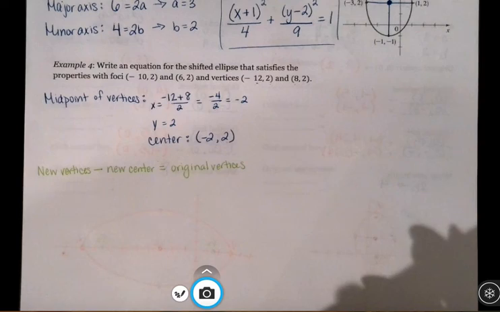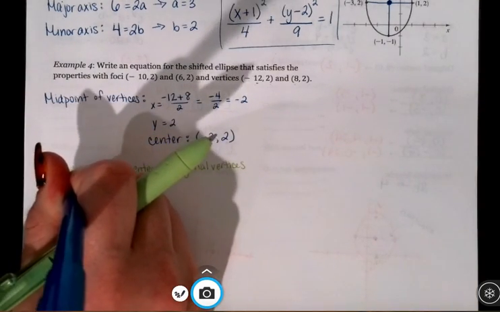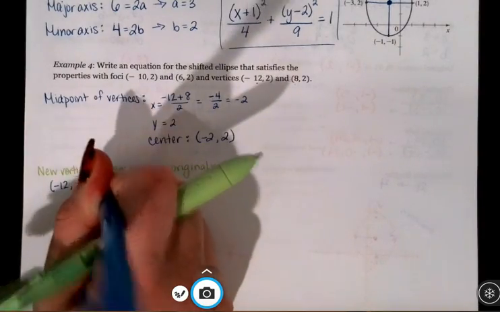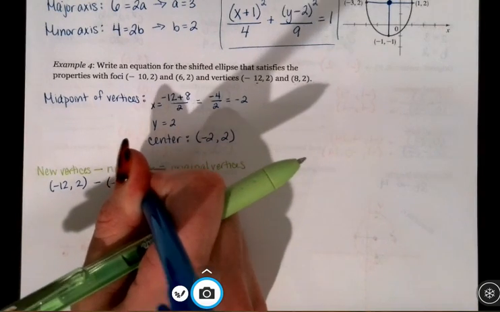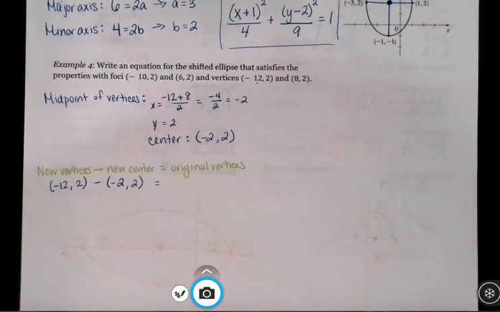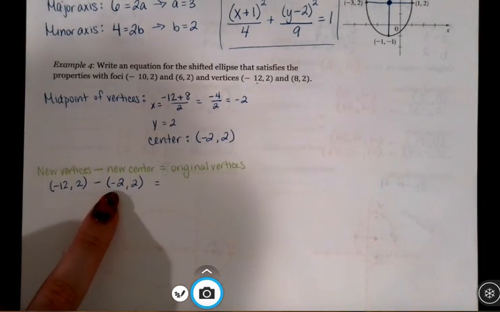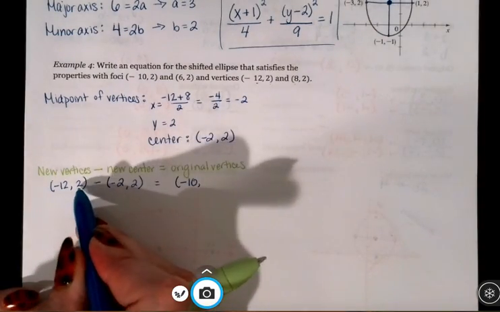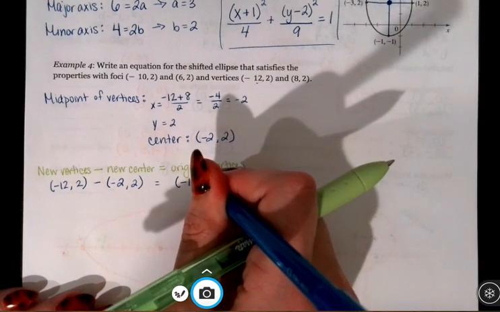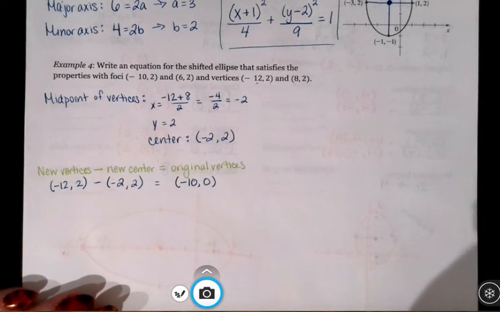So I'm going to do negative 12, comma 2, and I'm going to subtract my center, which is negative 2, comma 2. I only subtract the x's, and then I only subtract the y's. So negative 12 minus a negative 2 is going to be a negative 10, and then 2 minus 2 is 0. So that's one of my original vertices.